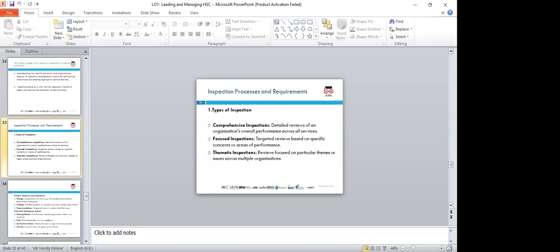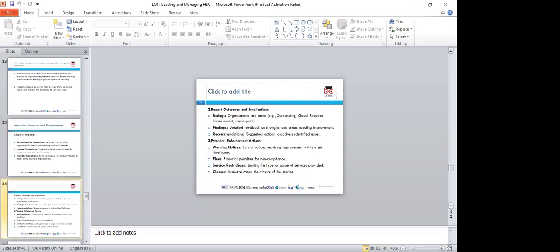Yes. Then we have the thematic inspection. Those are reviews focused on particular teams or issues across multiple organizations. Then let's look at the report outcomes and implications. Ratings, I spoke about that, didn't I? Yes, you said that the CQC rating can be outstanding, good, requires improvement, or inadequate.